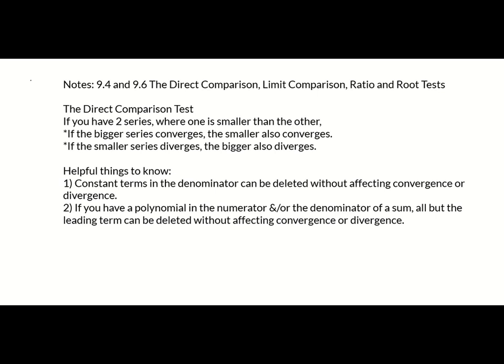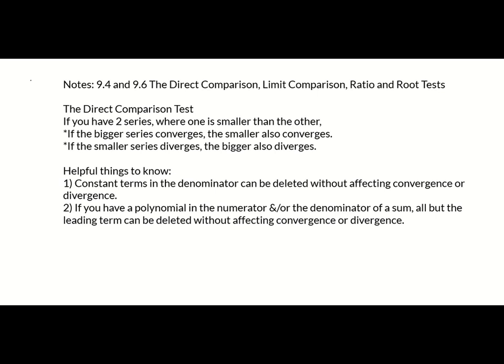This will not work in any situation. If you have two series where one is smaller than the other, so when I say one is smaller, I'm talking about the magnitude of the terms of one series. Each term, term by term, is less than the other. So if you can't determine which one is smaller, then you can't use this test.